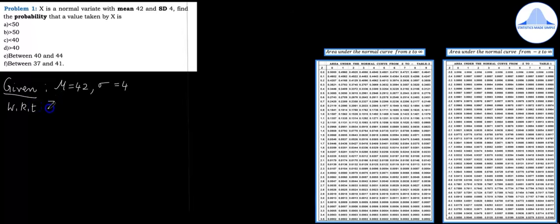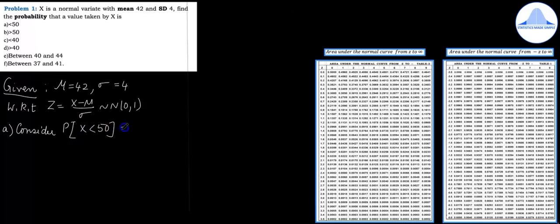The standard normal variate is denoted by z, which is equal to x minus mu by sigma, which follows normal 0, 1. Now let us start with the first subdivision, that is consider the probability of X is less than 50.